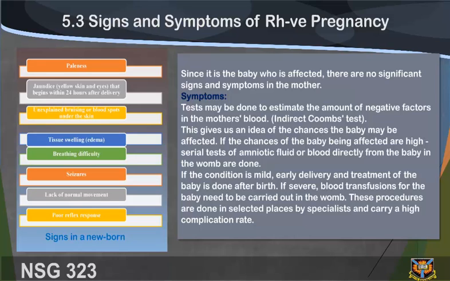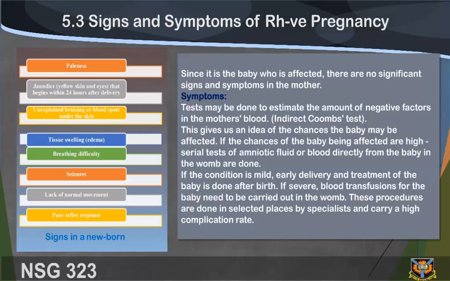Tests may be done to estimate the amount of negative factors in the mother's blood. Indirect Coombs test: this gives us an idea of the chances the baby may be affected. The chances of the baby being affected are high. Serial tests of amniotic fluid or blood directly from the baby in the womb are done.